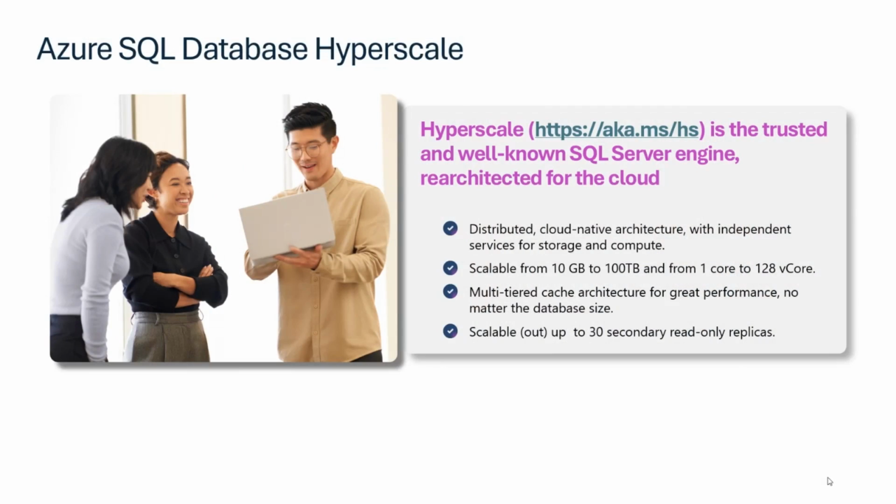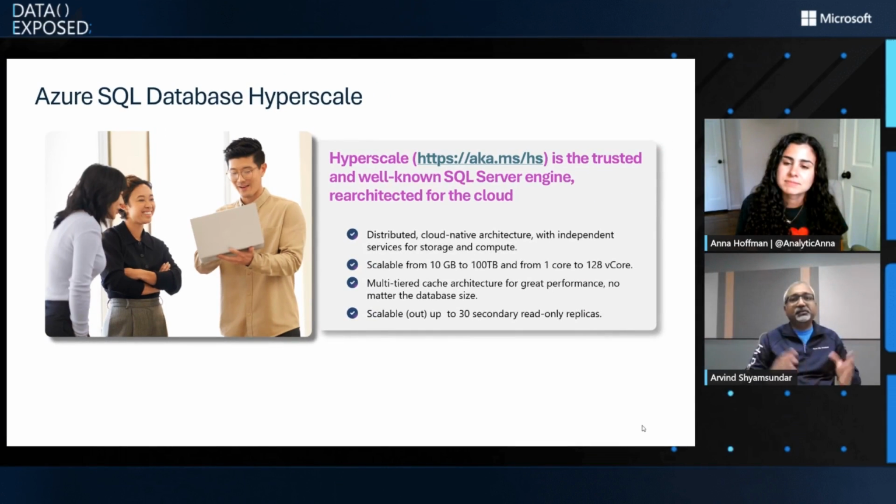So Hyperscale is SQL Server at the core, but it's also built ground up for the cloud. It's been out there for a while, and it's been really popular with a lot of workloads, whether it's a new workload that you're bringing fresh to the cloud, or you're modernizing existing applications. It presents a cloud-native architecture that you can use to scale your application from 10 gigabytes of database to 100 terabytes of storage.